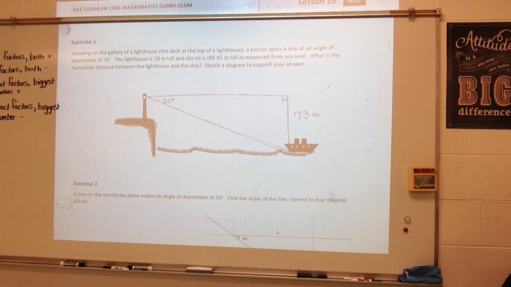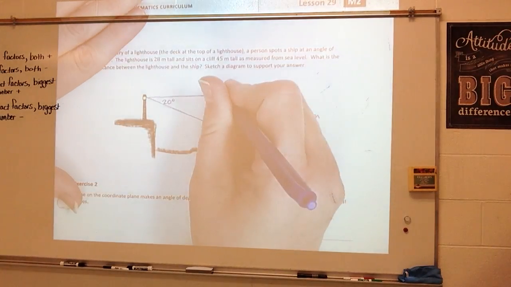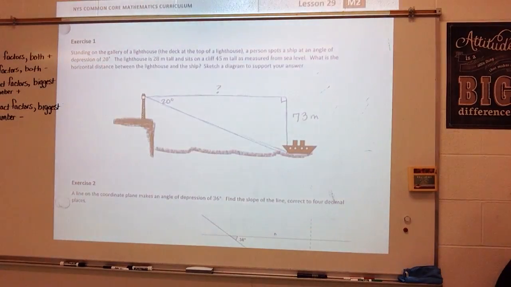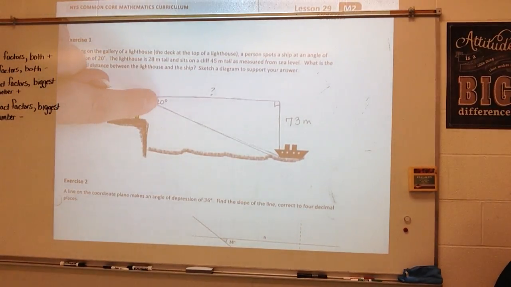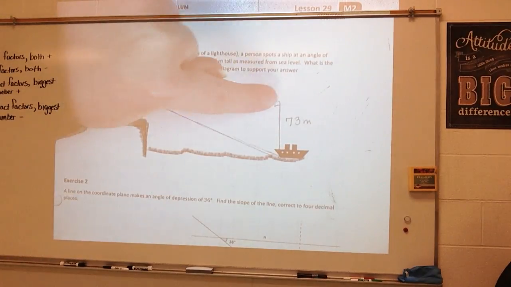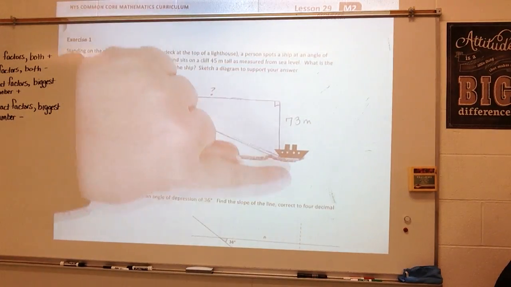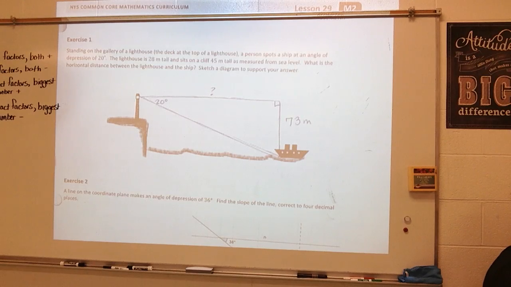What is the horizontal distance between the lighthouse and the ship? So we want to know what is this right here. So once again, looking at this, I'm trying to find the adjacent. I know the opposite. Opposite over adjacent is tangent.